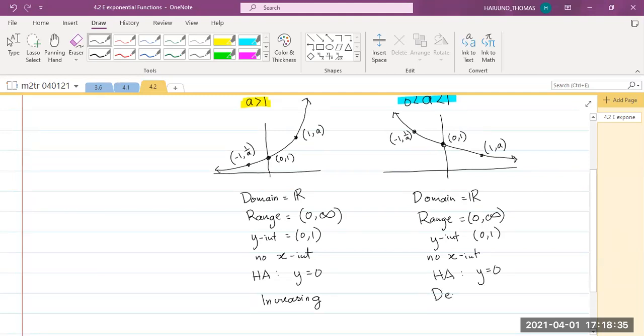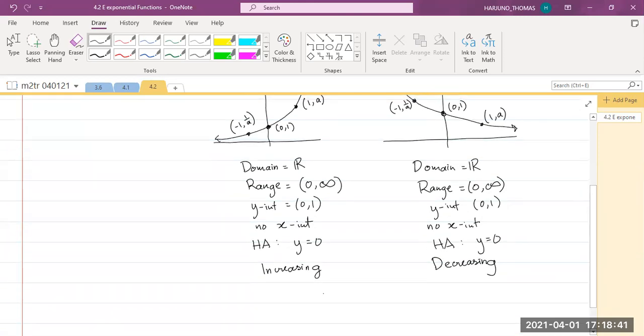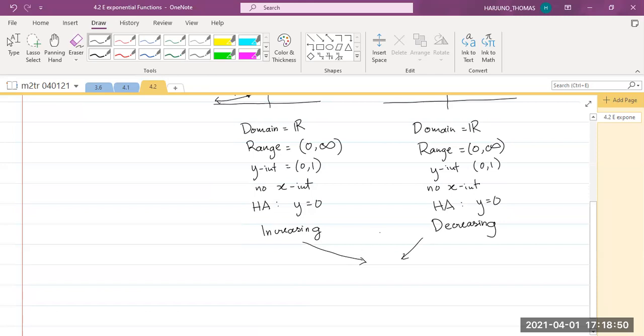But because it is monotonic, it is still 1-to-1. So these exponential functions, either with the base greater than 1 or between 0 and 1, will be increasing or decreasing. Therefore, it is monotonic. Therefore, it is 1-to-1, in both cases.